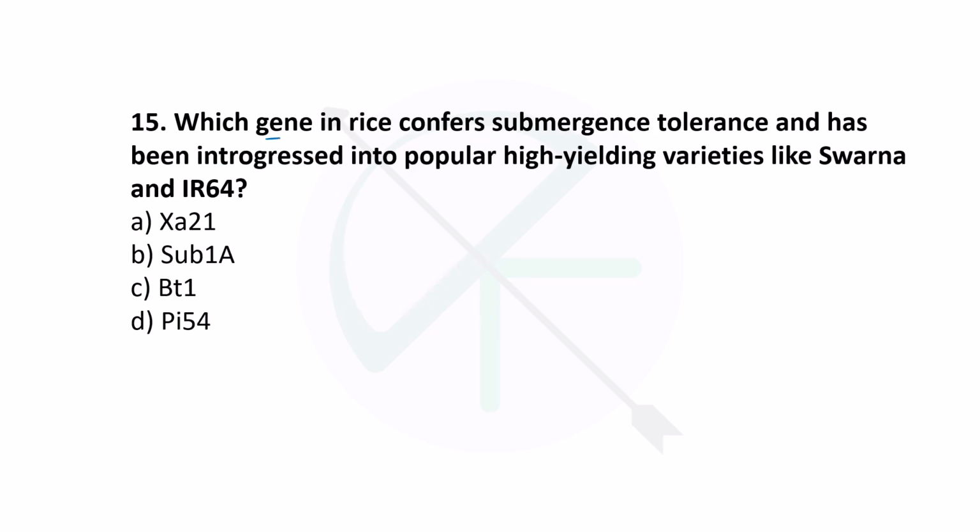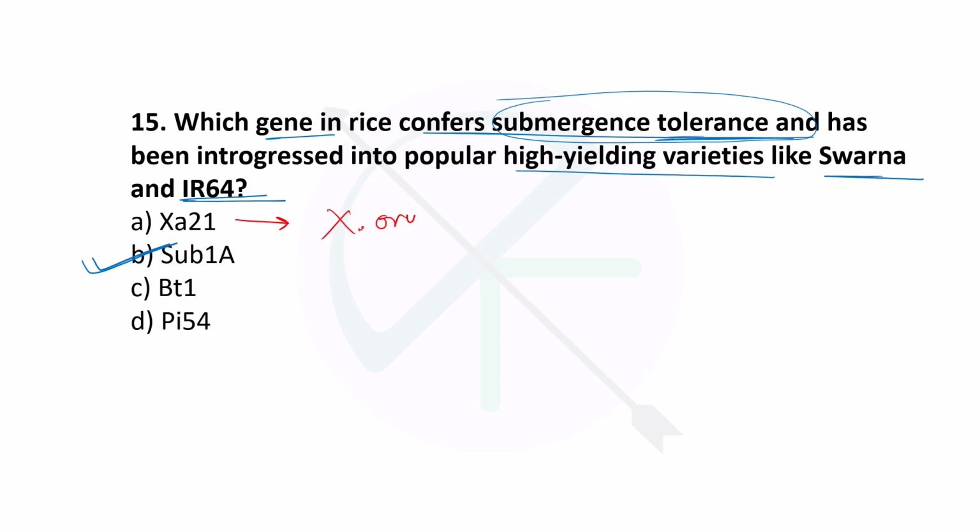Last question is, which gene in rice confers submergence tolerance and has been introgressed into popular high yielding varieties like Swarna and IR64? The options are XA21, Sub1A, BT1, PI54. The right answer is Sub1A. The gene XA21 is also a crucial gene, for resistance against the bacterial pathogen Xanthomonas oryzae.